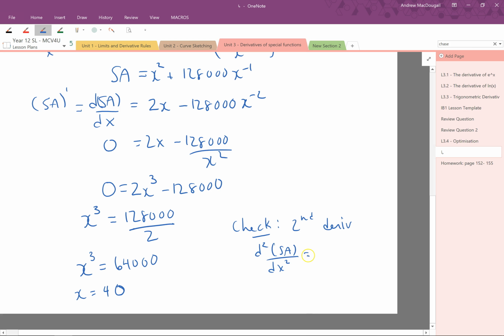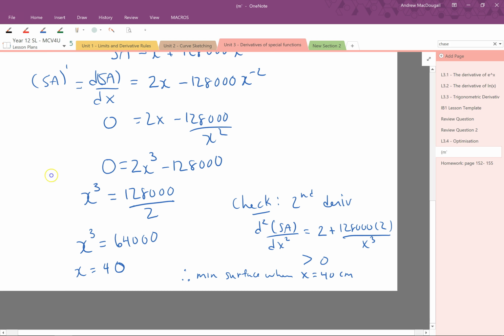We did look at it in class, but it's pretty strange. 2 plus 128,000 times 2 over x cubed, if you do it out, you'll get this. And since x is always positive, this expression here is always greater than 0. Therefore, we have a minimum surface area when x equals 40 centimeters.